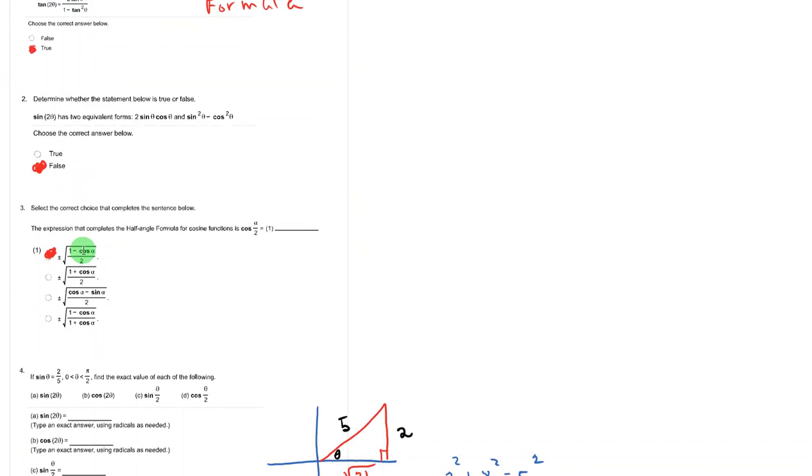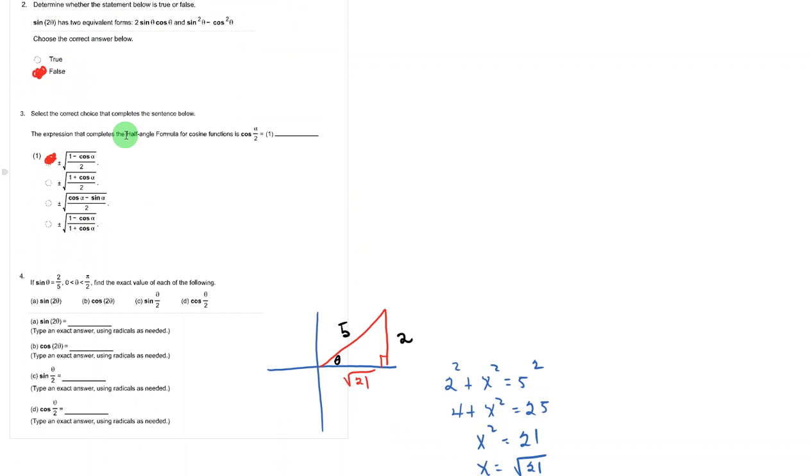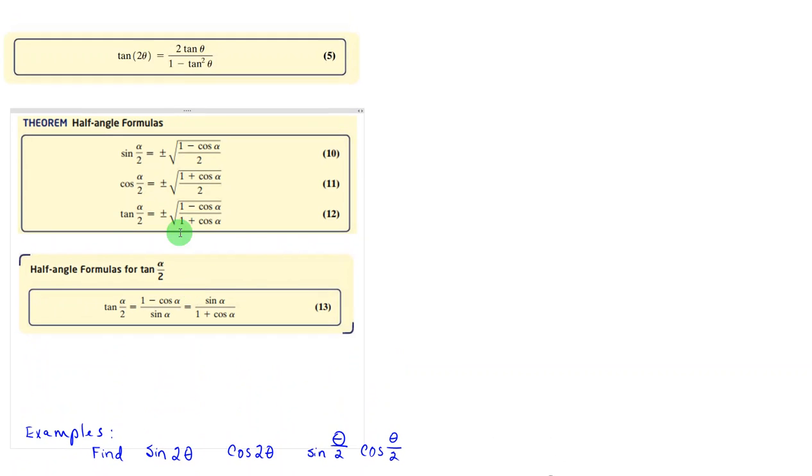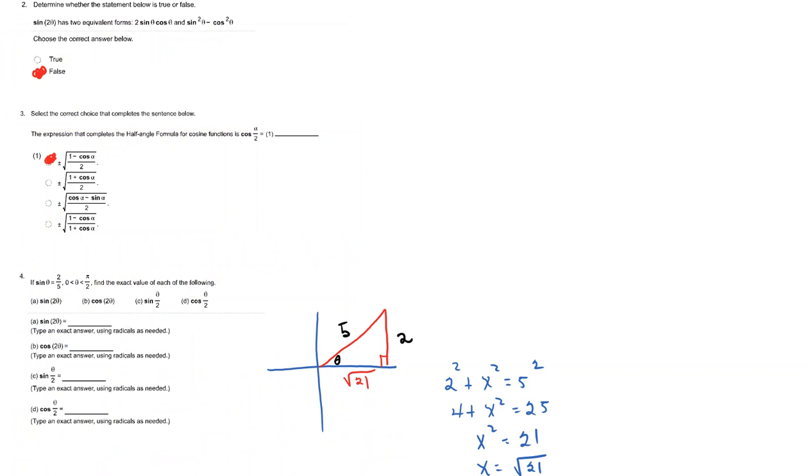So that one would be false. The expression that completes the half angle formula for cosine functions is cosine of alpha over 2 equals. And so you just want to verify that by looking at your notes. So we have cosine theta over 2 right here. And we'll go back, and it is this one.